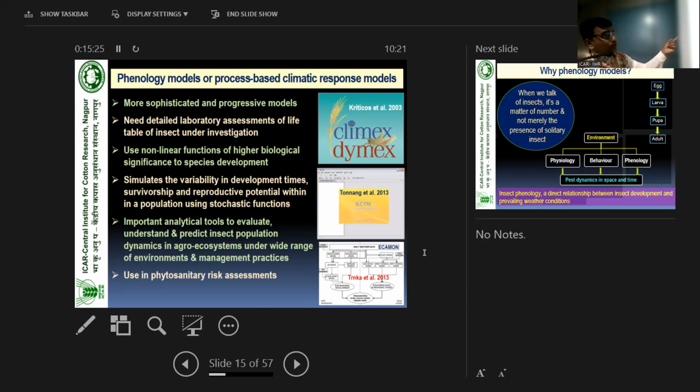That's why they are important analytical tools to understand and predict insect population dynamics in agroecosystems under a wide range of environments and management practices. They can also be used in phytosanitary risk assessment, because if you want to prevent the entry of any invasive pest into a new area, these models can be risk assessment tools also.